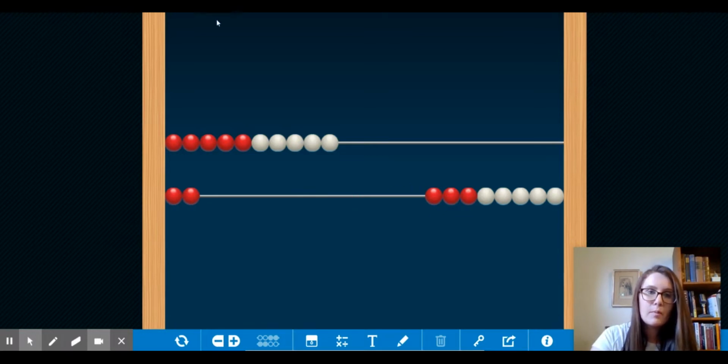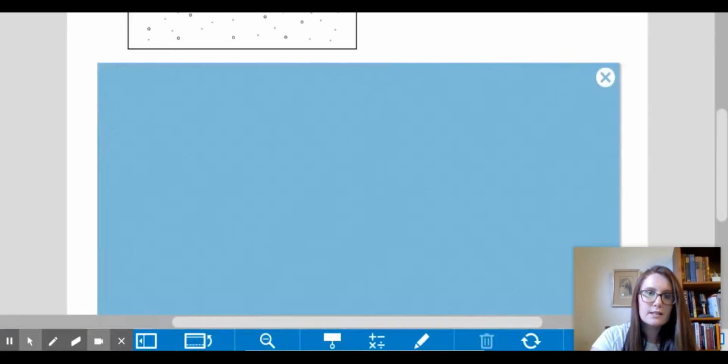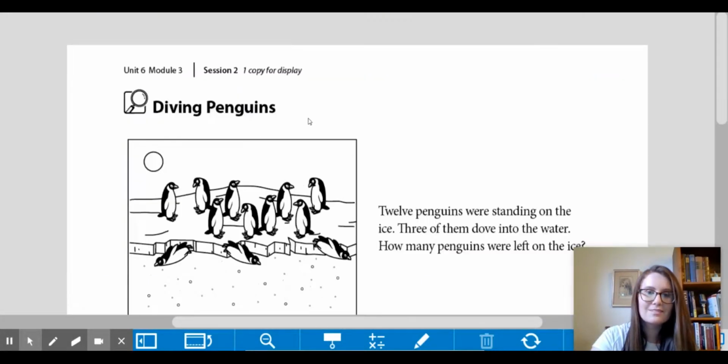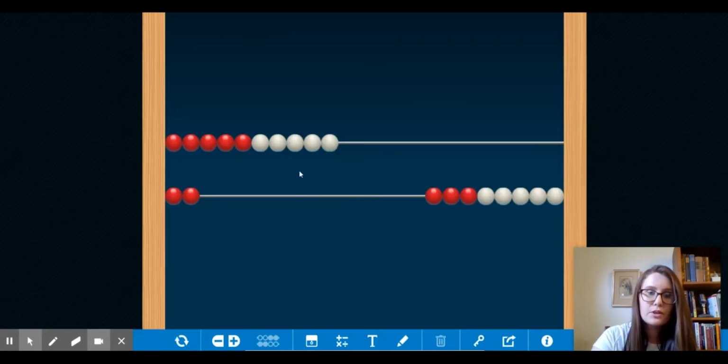Now, I'm going to go back and reread. It says, 3 of them dove into the water. So I'm going to need to move 3 beads back over because those penguins are separating. They're no longer with the other penguins.